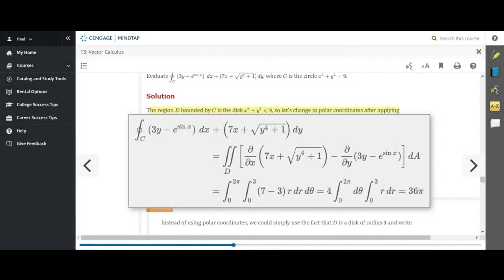And the first partial derivative with respect to y that you see there would equal 3. Okay, and are there any questions on what you're seeing there?